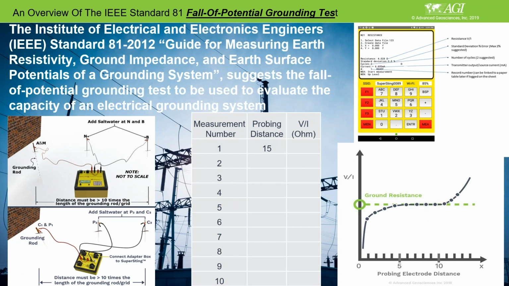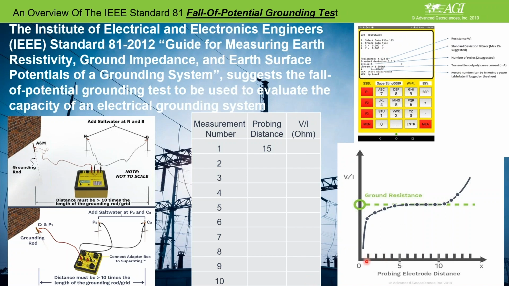For that measurement of the resistance, you can see here in the SuperSting Manager application menu. What you need to do is enter these values in manual mode, go through the resistance mode and menu 2, and then directly get the resistance values.